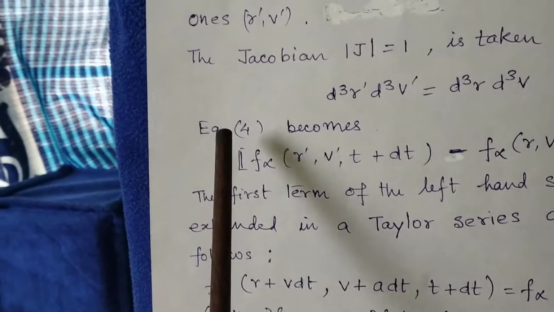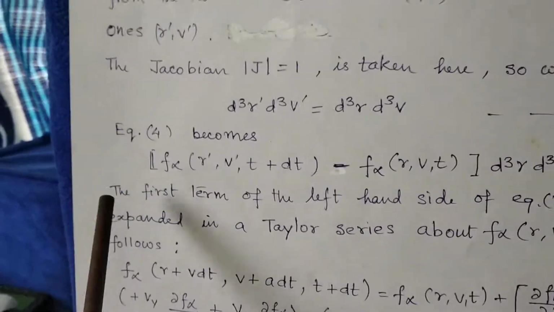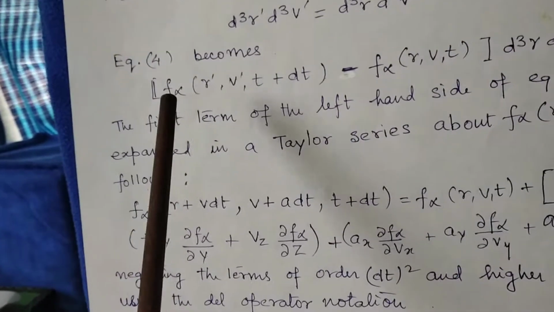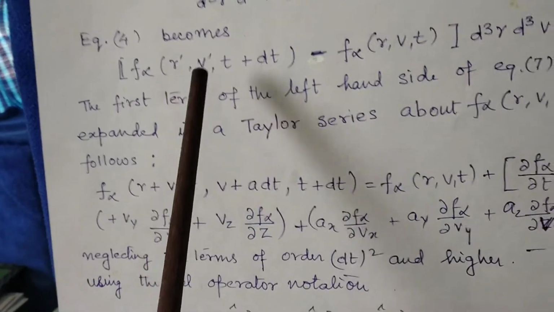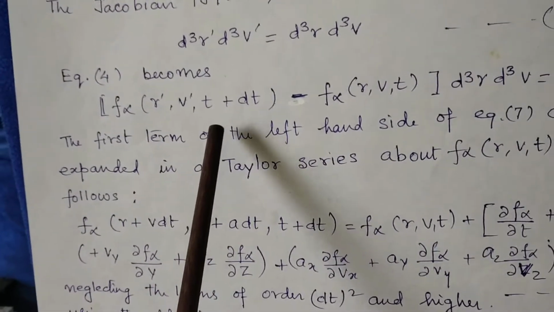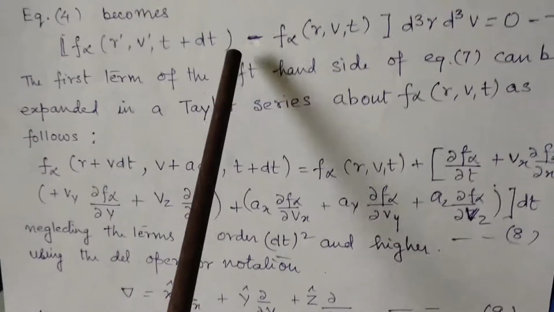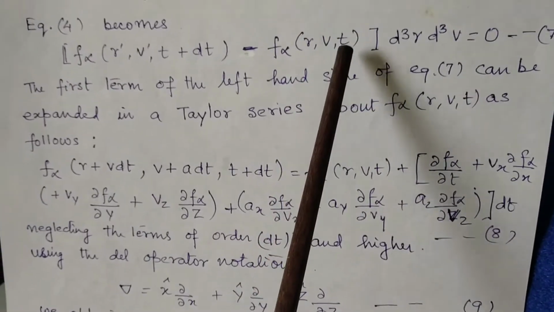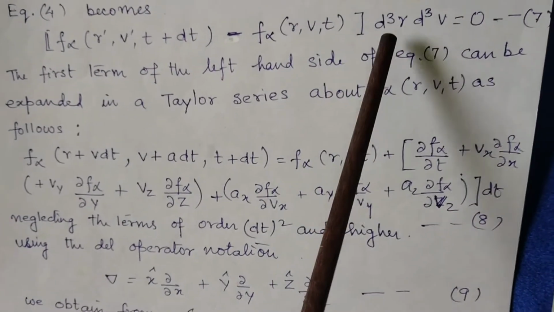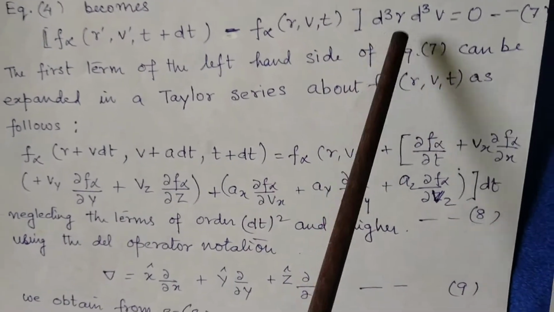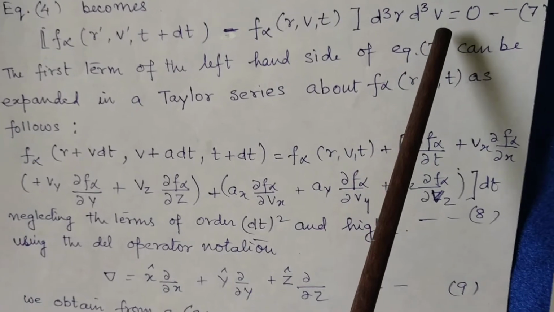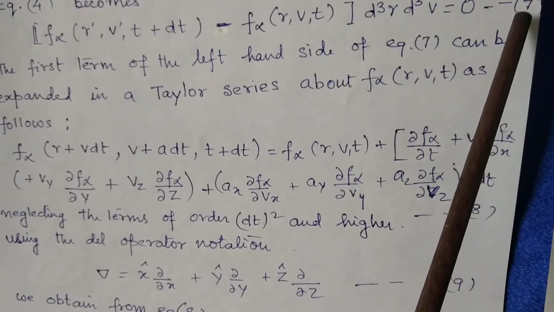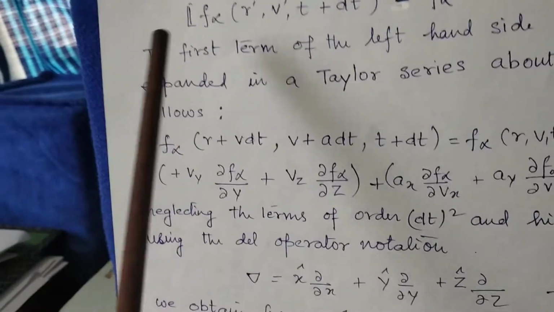Now equation 4 becomes: [f_α(r′, v′, t + dt) minus f_α(r, v, t)] multiplied by d³r d³v equals 0. This is equation number 7.